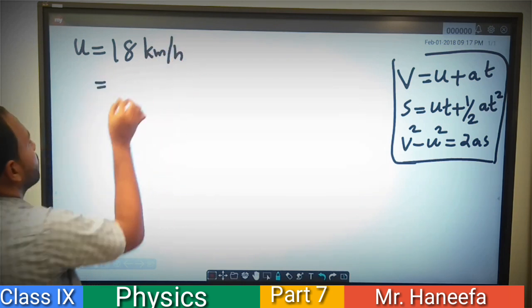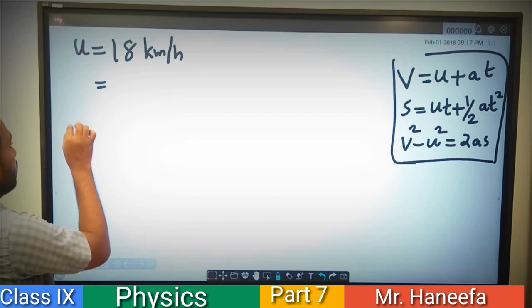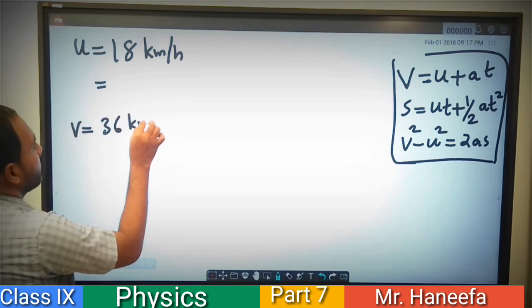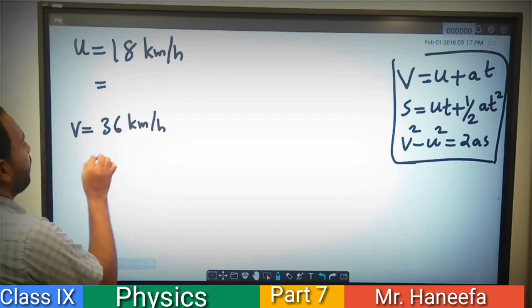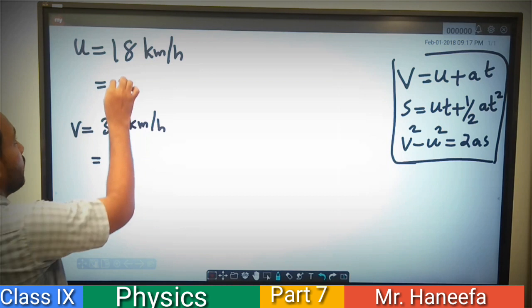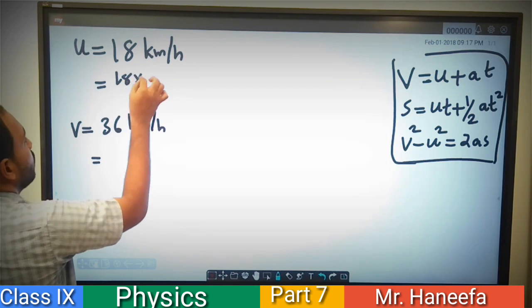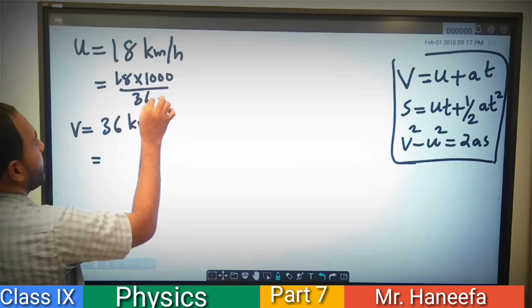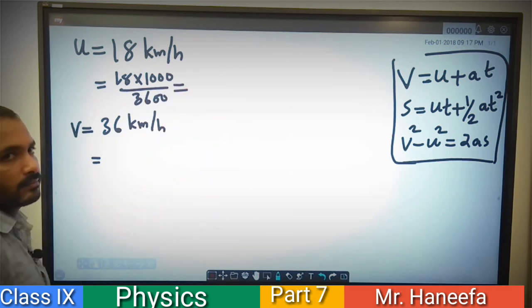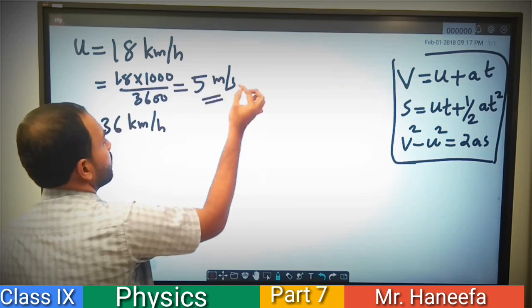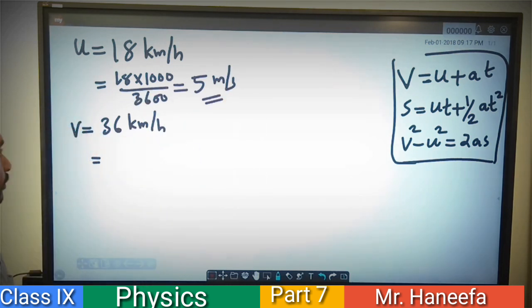18 km per hour, then v equal to 36 km per hour. We have to convert these to meter per second. 18 km per hour, 18 into 1000 divided by 3600, this is equal to 5 meter per second.